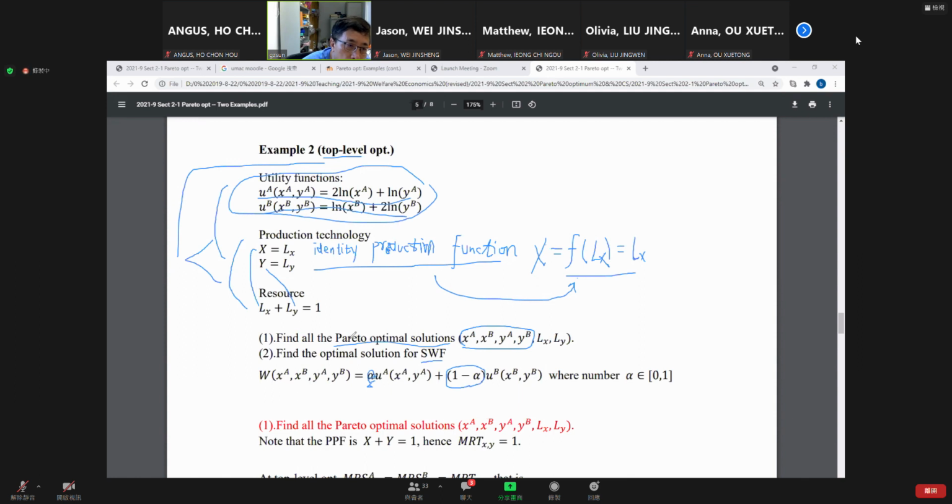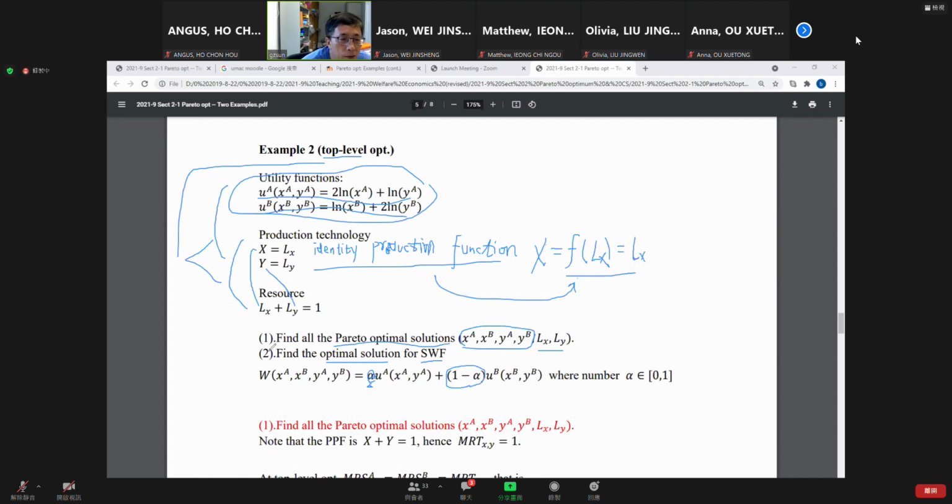So the good solution or the Pareto optimal solution is not only about consumption, but also about production. How much resource we are going to put into use for producing the two goods. So this is optimal. And secondly, what's the optimal solution? Solution means how to organize social production, how to organize consumption.